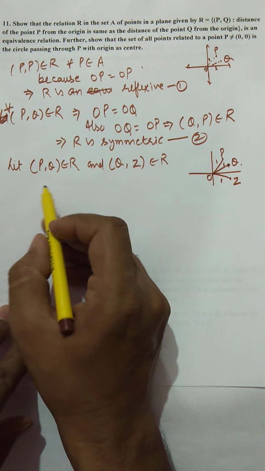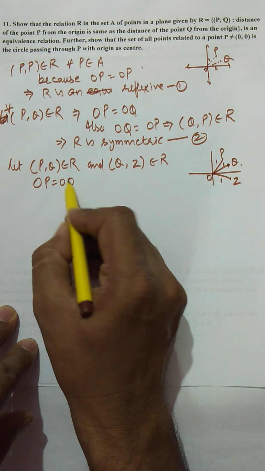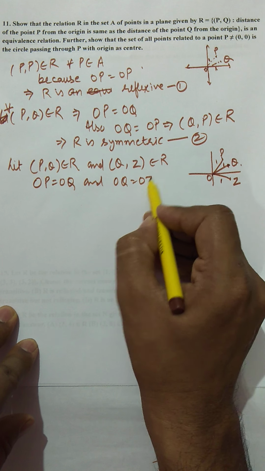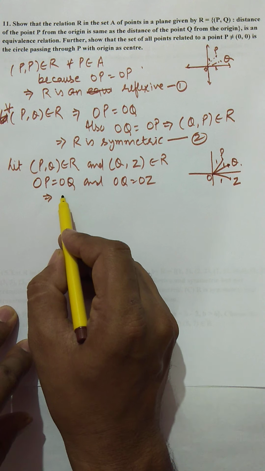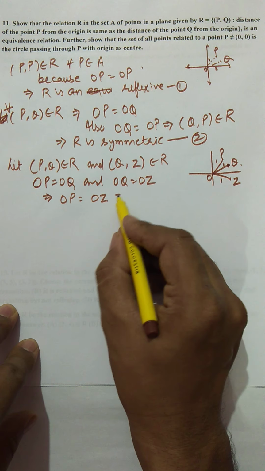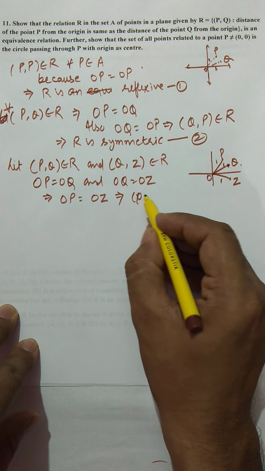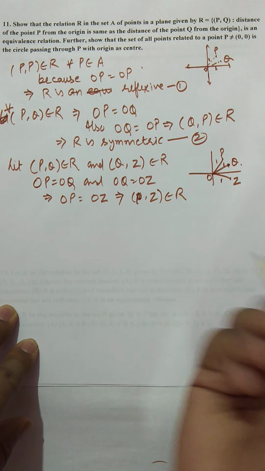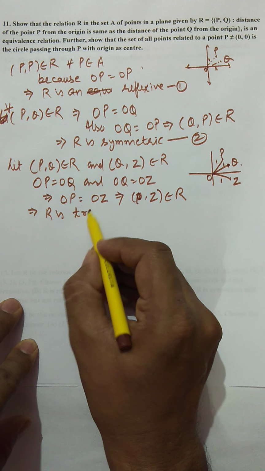So from this relation OP is equal to OQ, and from this relation OQ equal to OZ. So it implies that OP is equal to OZ. If OP equal to OZ, it means P comma Z belongs to R. So it implies that R is transitive.